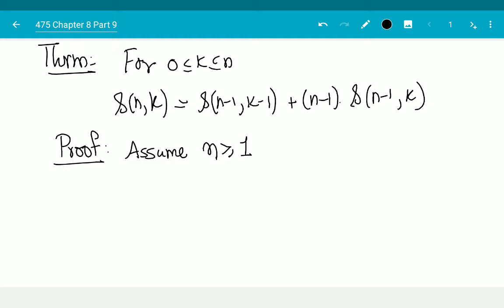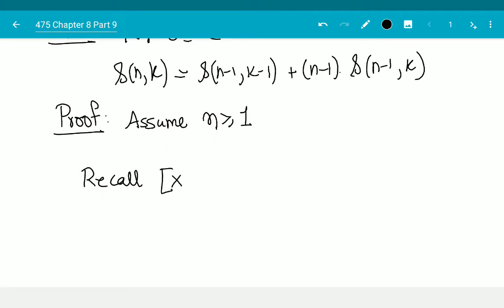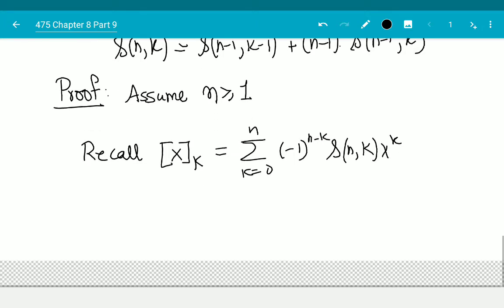So recall, similar to what we did for Stirling numbers of the second kind, x_n is the summation k equal to 0 to n of negative 1 to the n minus k, small s of n comma k, x to the k.